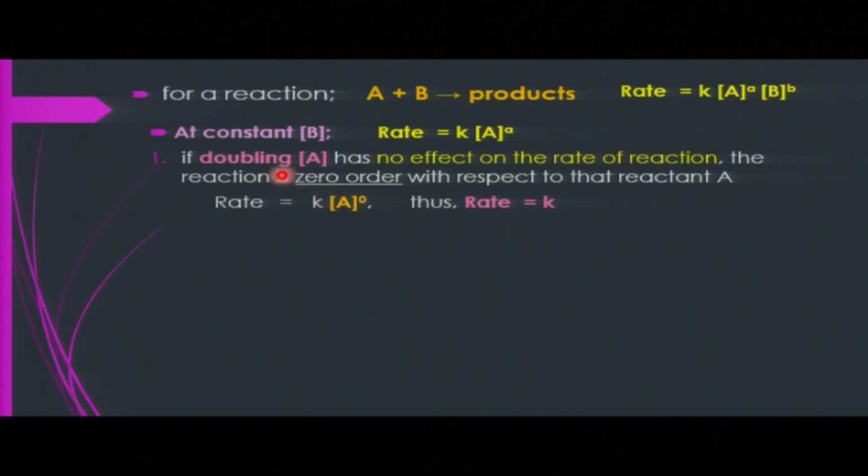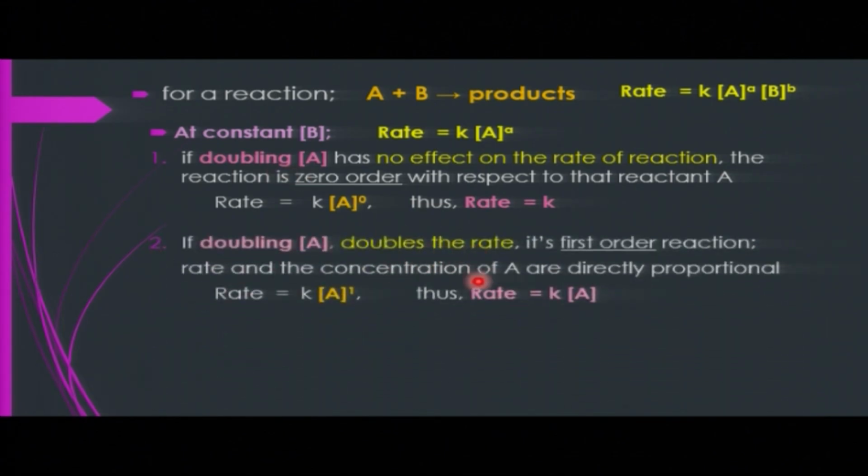Suppose you double and the rate also doubles. What happens? That becomes the first order. We put power 1. And lastly, the second order, whereby the rate increases by a factor of 4. So that is how it is obtained.